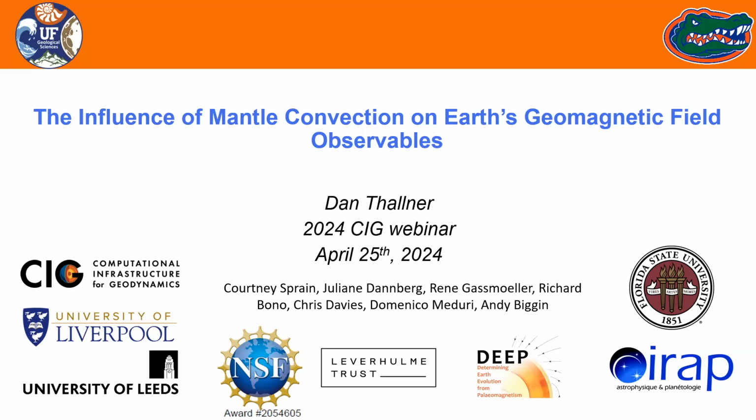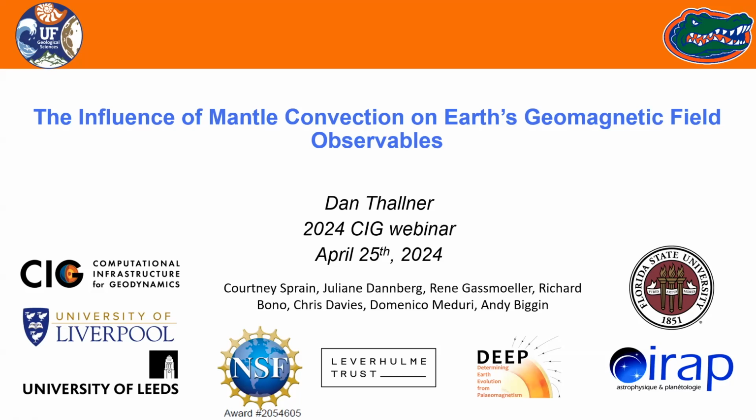We're doing this together with Richard Bono, Chris Davis, Domenico Midori, and Andy Biggin, who are our collaborators mainly in Europe. And as you will see in the upcoming slides, I'm neither a mantle modeler nor a geodynamo modeler. I'm a paleomagnetist. So my main concern is what we can actually see in observable data.